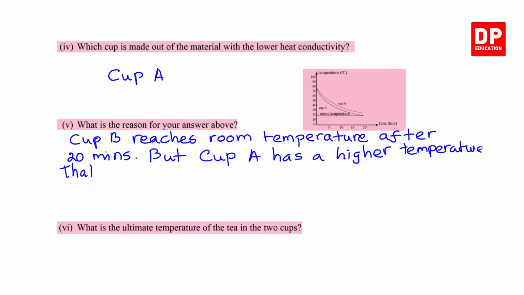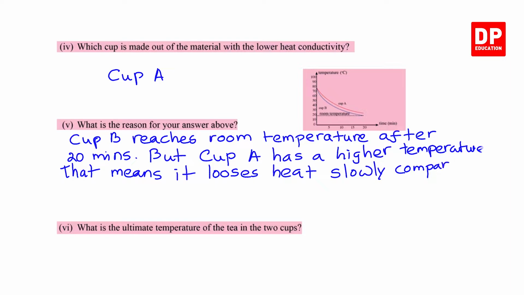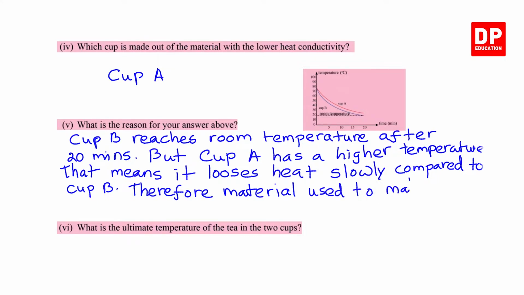That means it loses heat slowly compared to cup B. Therefore, the material used to make cup A has lower heat conductivity.